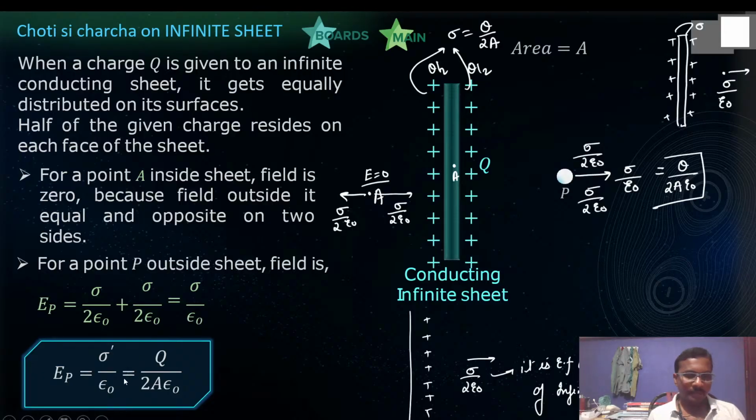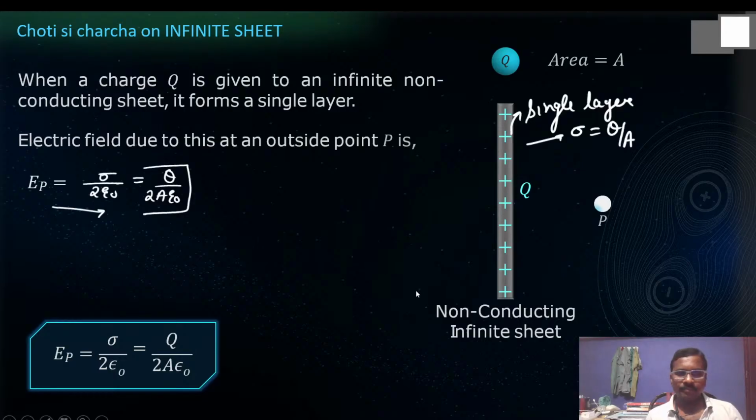Here we have to notice that we have to remove the surface charge density, so we will get Q by 2A epsilon naught. This is for the left side and right side. Then what about the middle? Middle is 0. I think you know very well about that.